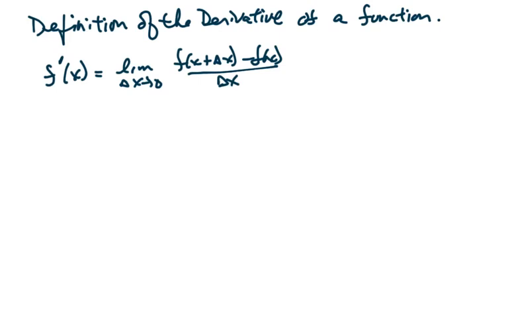Now, there are different ways to write the derivative, and I've shown you one here that, of course, is f prime of x. Let me write that a little bit neater. F prime of x. There are other ways to write this, and what you're going to see often is dy over dx, which refers to the derivative of our function y with respect to x, assuming it's written as y equals.